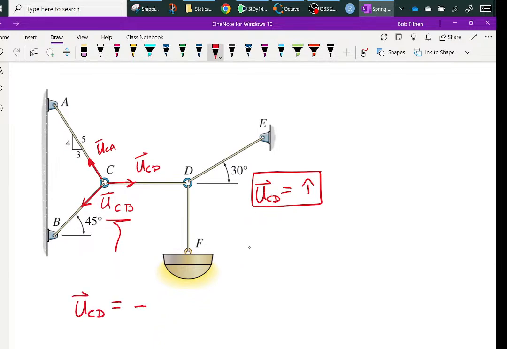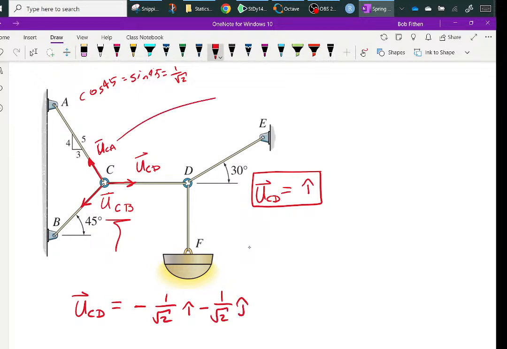It points back to the left, and it's 1 over square root of 2, because, remember, cosine of 45 is equal to the sine of 45 is equal to 1 over square root of 2. And you've got 45 here. So it points to the left, but it also points down. Minus 1 over square root of 2 j.